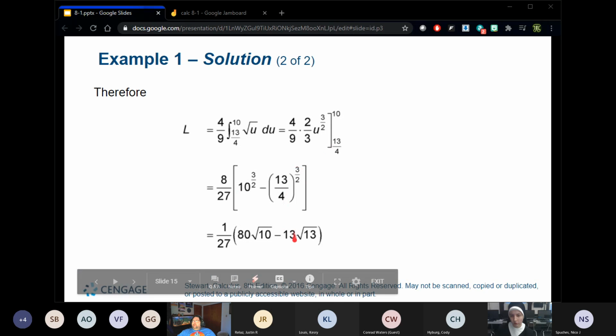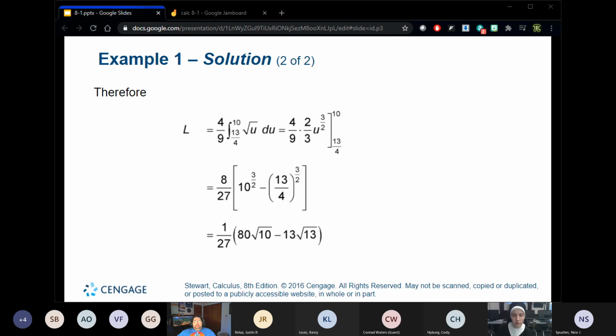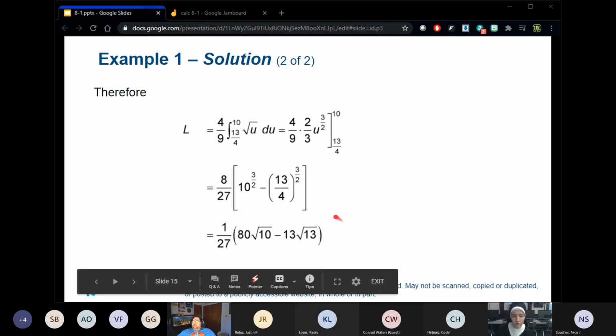And 13/4 to the 3/2 is 13 square root of 13. And we multiplied by the 8, or well, it was over 8. Multiplied by the 8 to get rid of that. So it's 1/27 times 8 square root of 10 minus 13 square root of 13. And that would be my arc length.